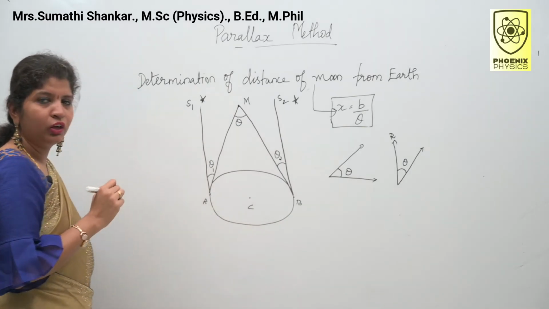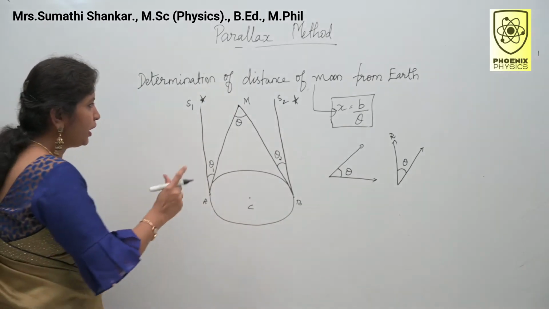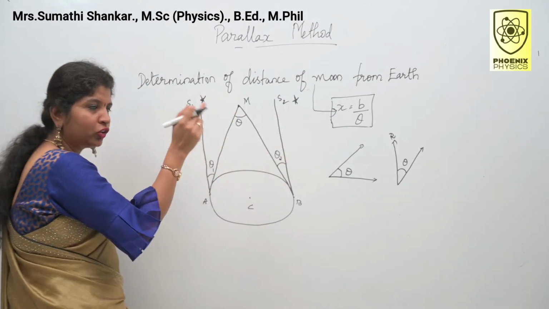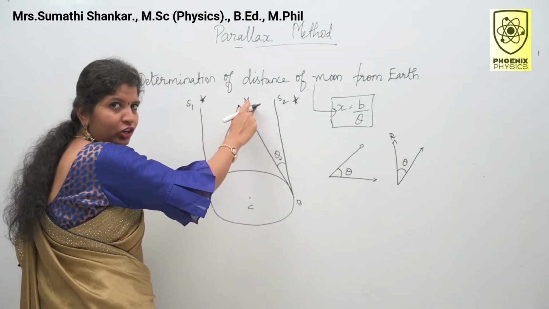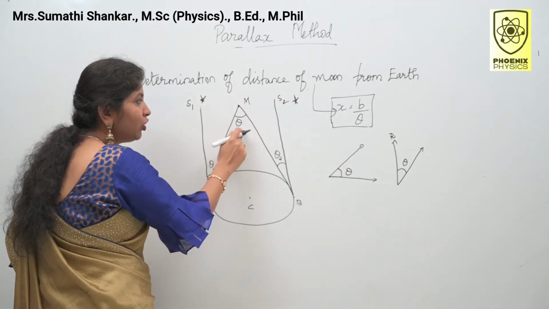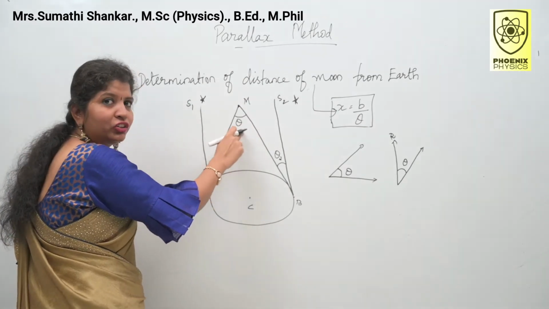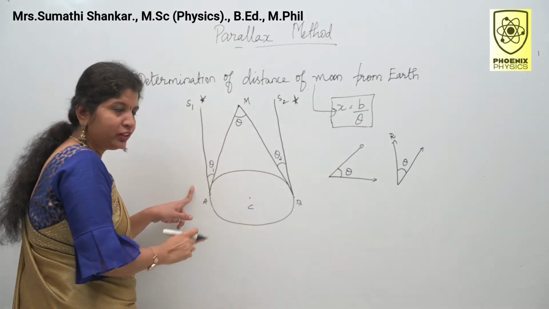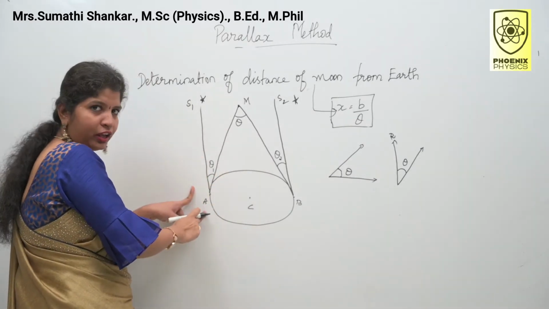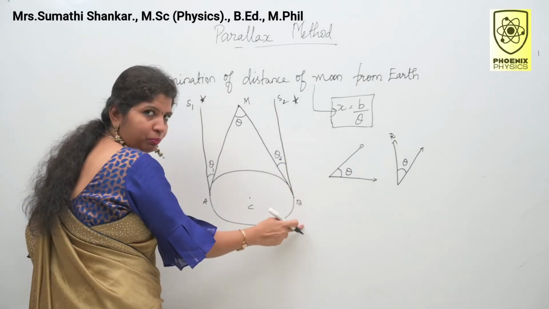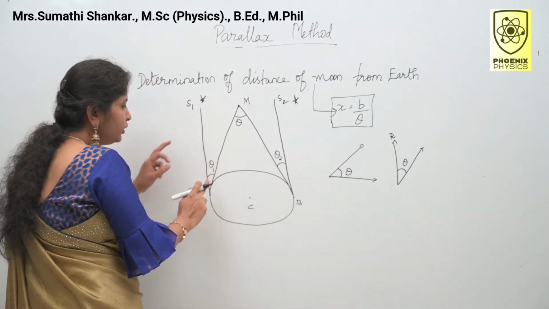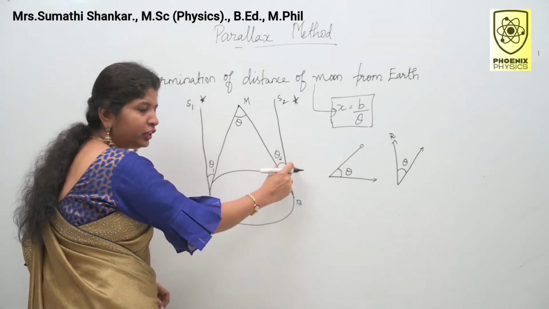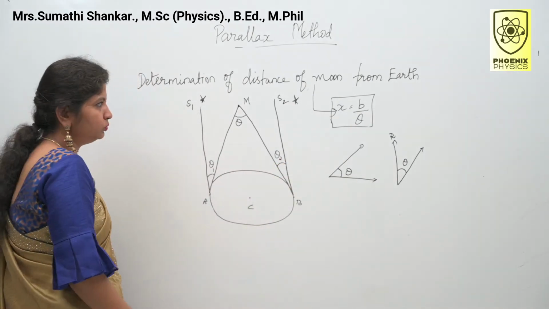Up to this, clear? Why have I chosen S1 and S2? Because the object is at a very large distance. We cannot measure theta directly. So I am taking one reference line S1 from A and S2 from B. The angle between these two lines is theta 1 and the angle between these two lines is theta 2.